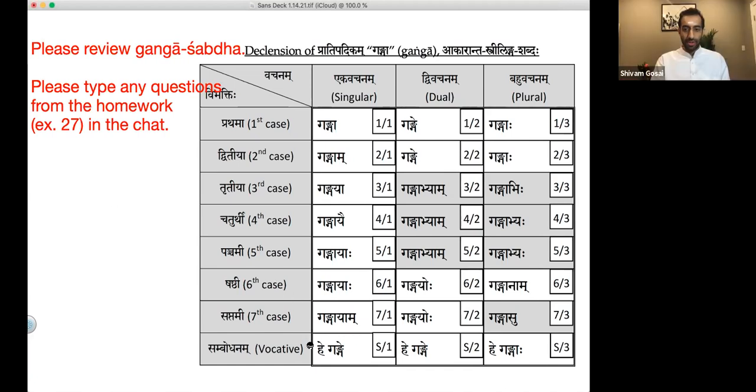So what we'll do is I'm going to just switch screens here. What we can do is open to exercise number 27 in the back of the book, and we can review just some of the answers quickly. And if you have any questions, you can let me know there.